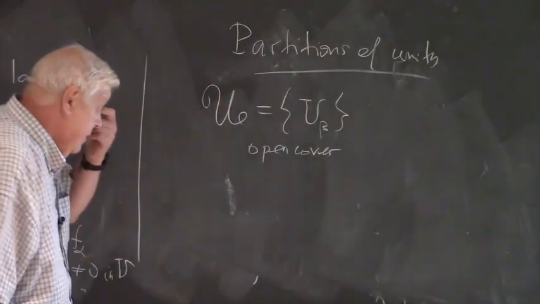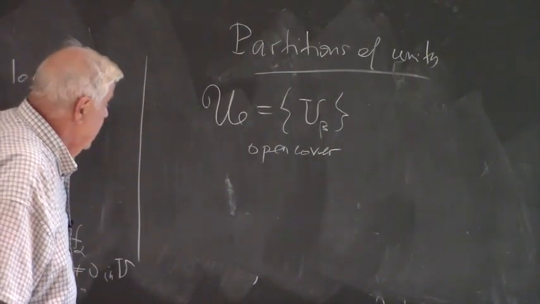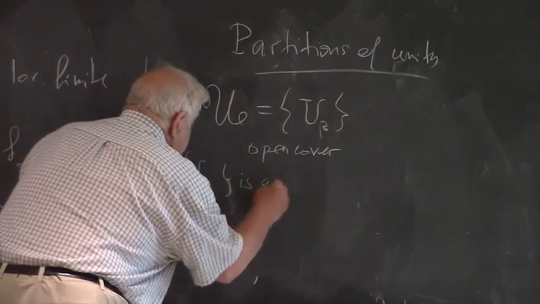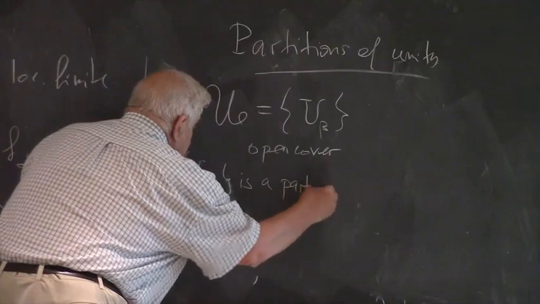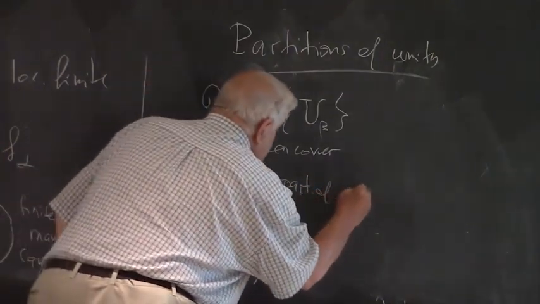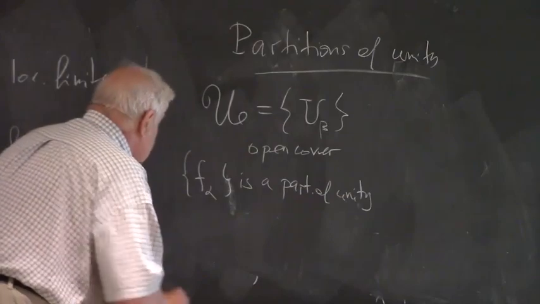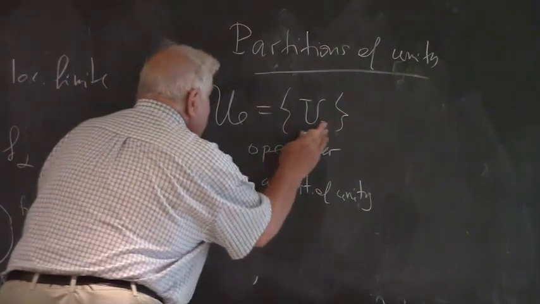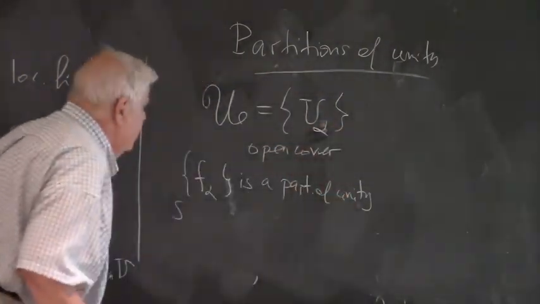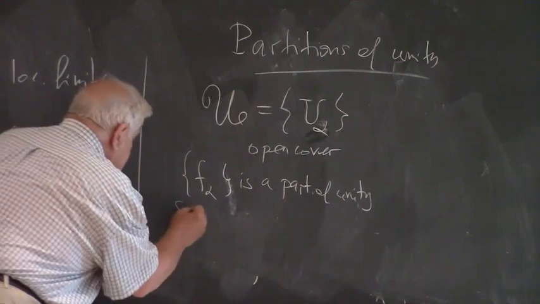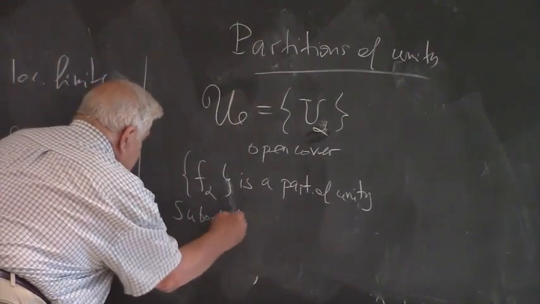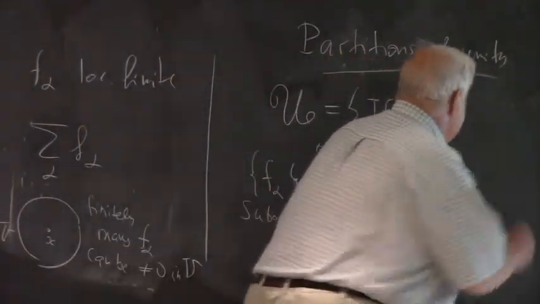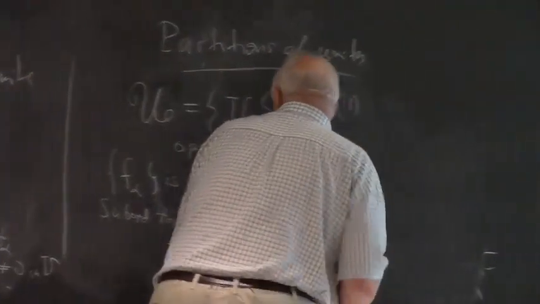Now, I say that the family f alpha is a partition of unity subordinated to U, where my covering is U alpha, if the following holds: first, this family is locally finite.